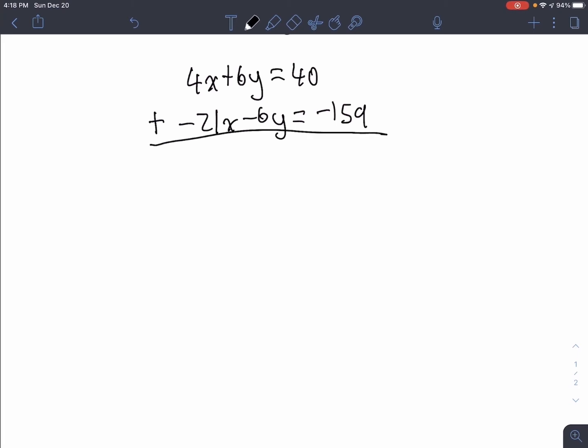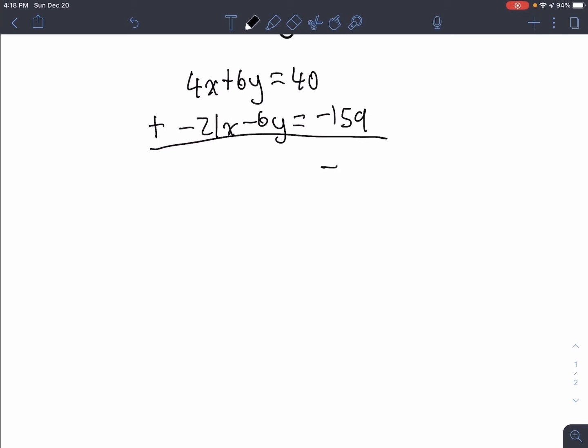So just like we did before, you would do 40 plus negative 159 on the right to get negative 119. Then you would do 6y plus negative 6y, so they cancel out, which results in 0. And 4 plus negative 21 results in negative 17x plus 0.